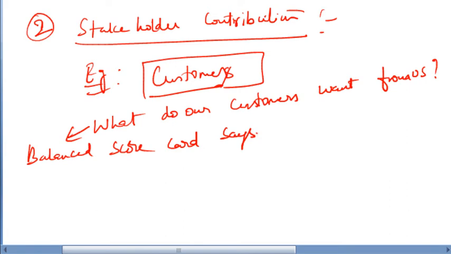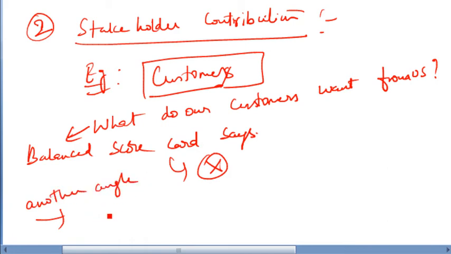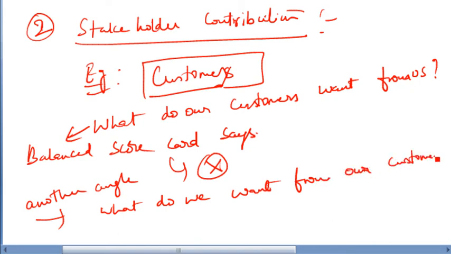But the balanced scorecard does not consider another angle. What is another angle to the same story? Another angle is: what do we want from our customers?